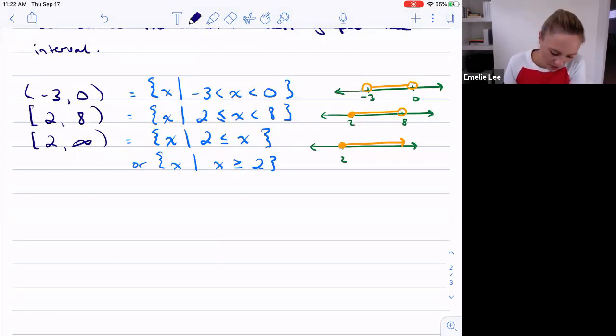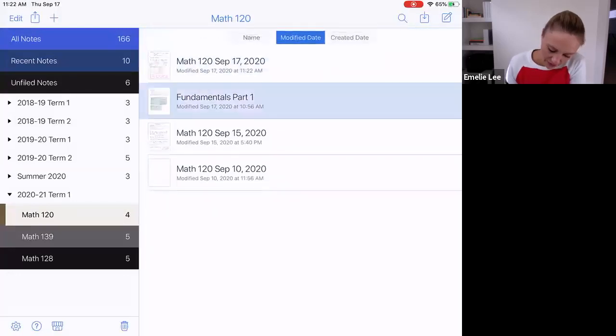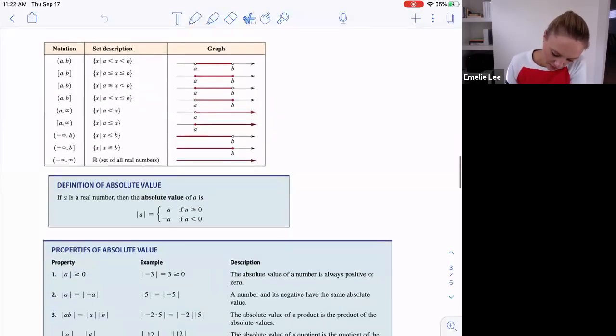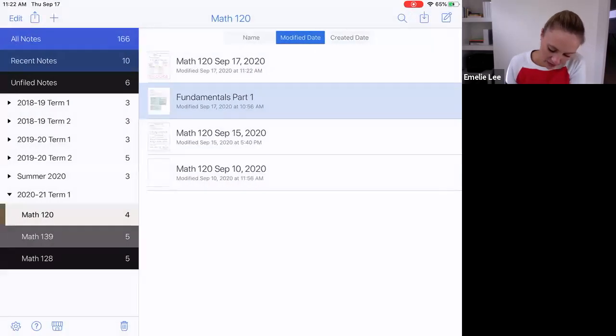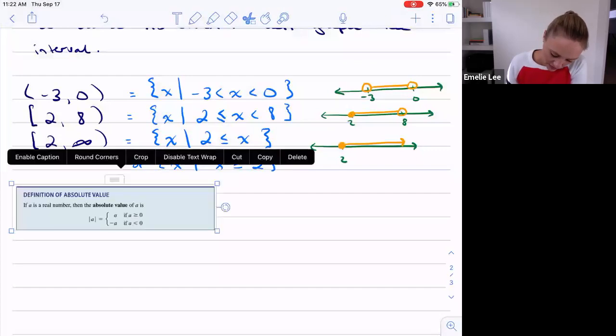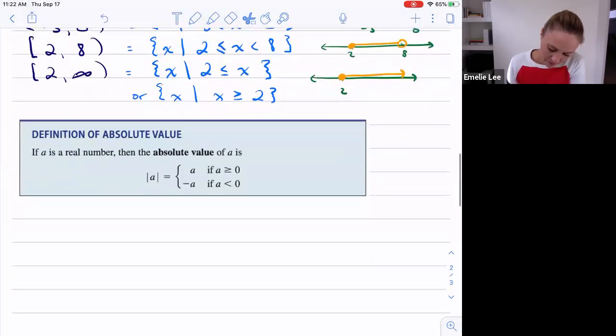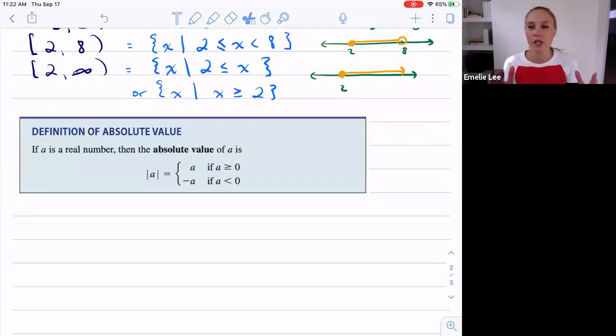Let's talk about the absolute value. I'm not sure if you guys have a lot of experience with the absolute value, but it's really not that bad. It's just a function. Same last situation with a notation like x is greater than or equal to 2 in the set of real numbers. Yeah, that would be valid too.